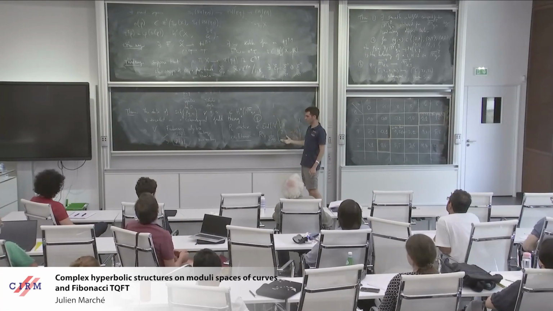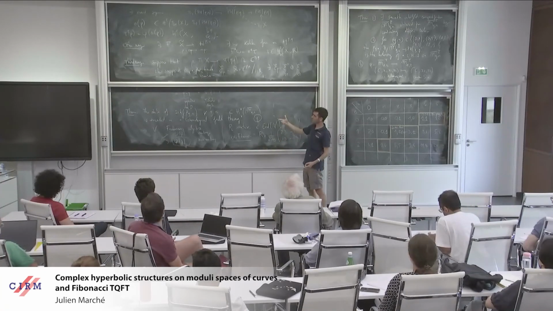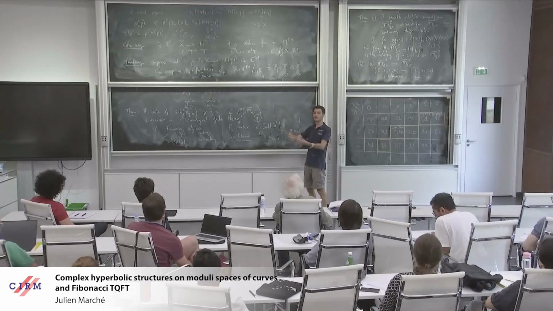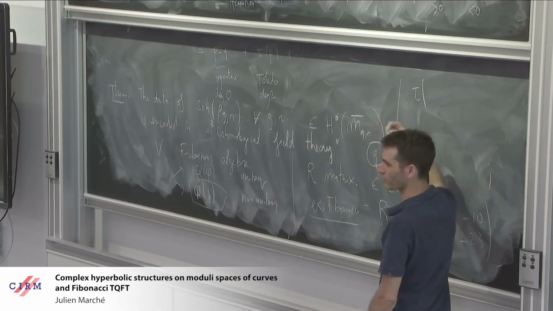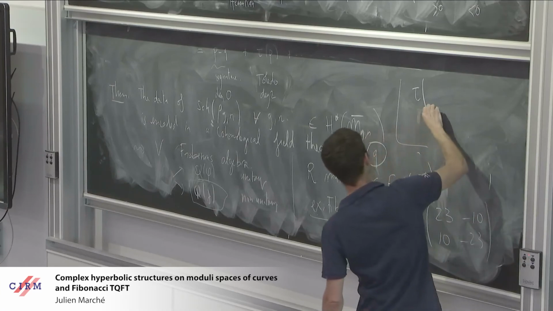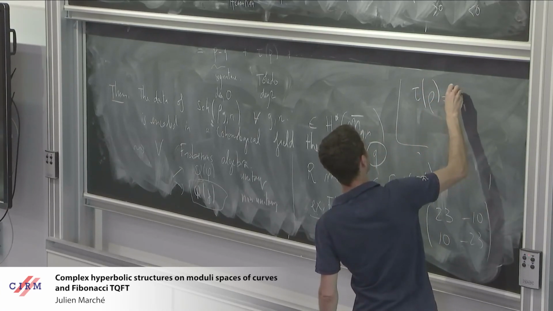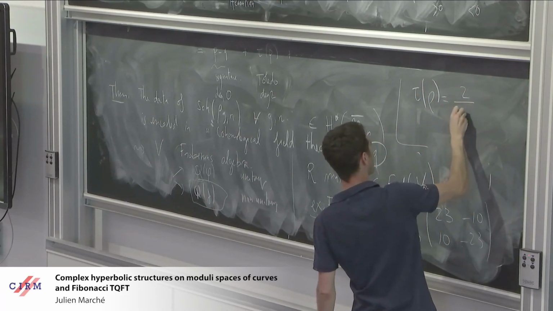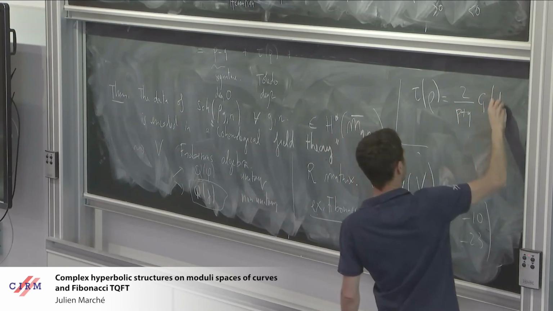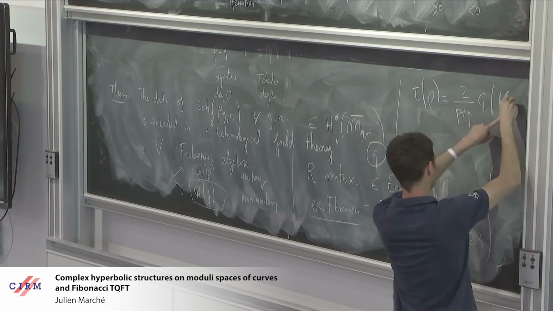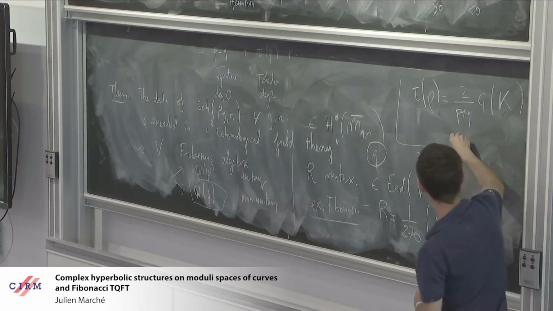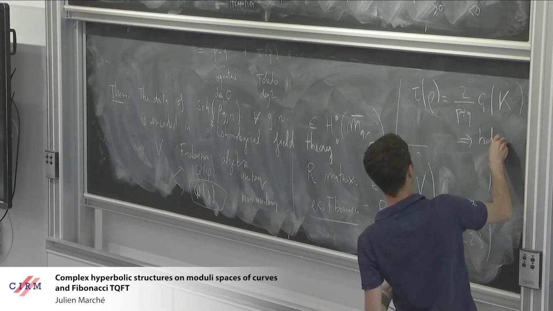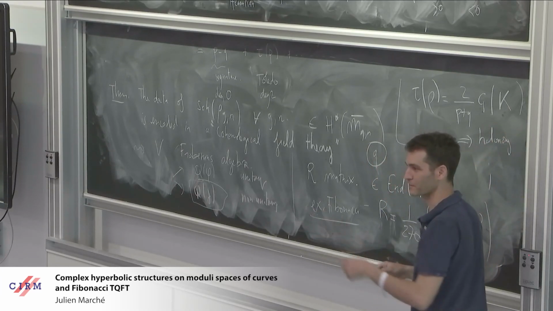And we use these formulas, and we prove that the Toledo invariant is maximal for some. Something I forgot to say: in the Hsu theorem, what you need to apply it is that the Toledo invariant is equal to 2 divided by p plus q times the first Chern class of the canonical bundle. Then you get the holonomy structure. This is something we can ask Vincent or Pascal.